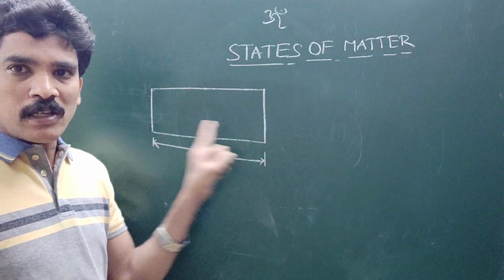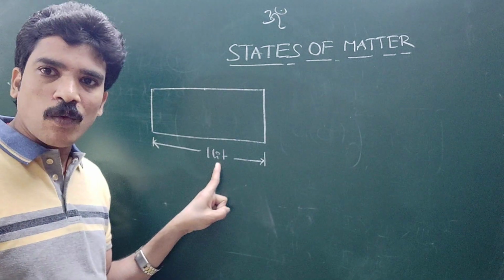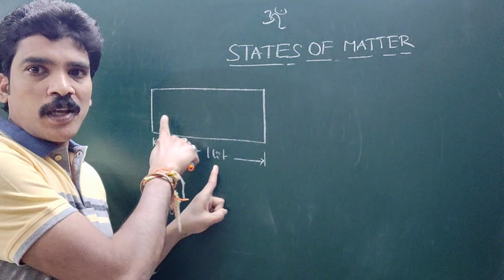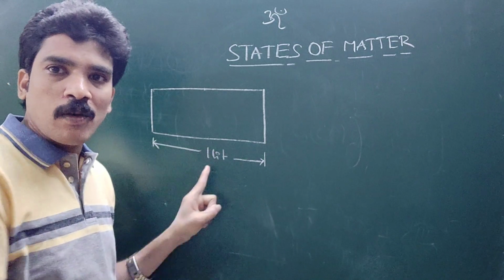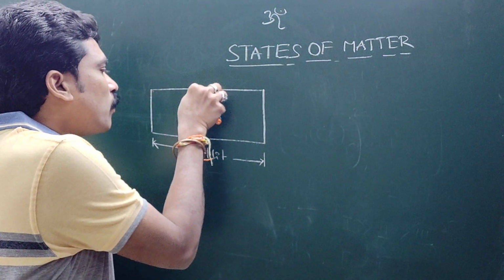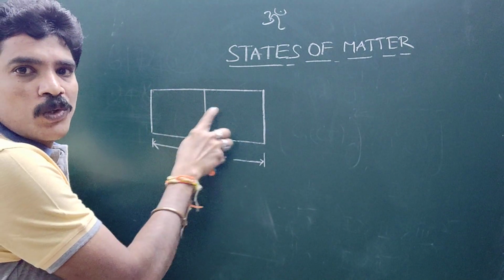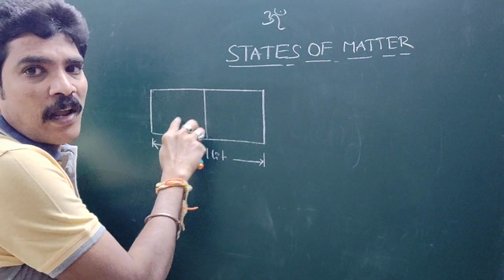Let us consider a box of capacity 1 liter, divided into two equal halves.